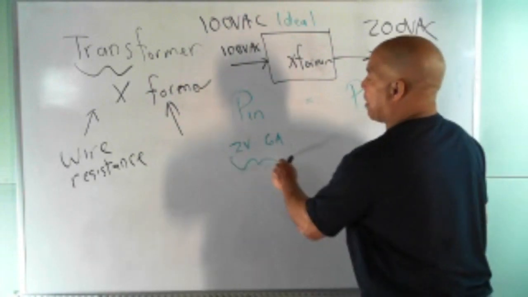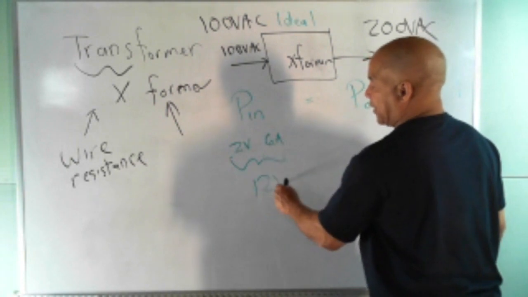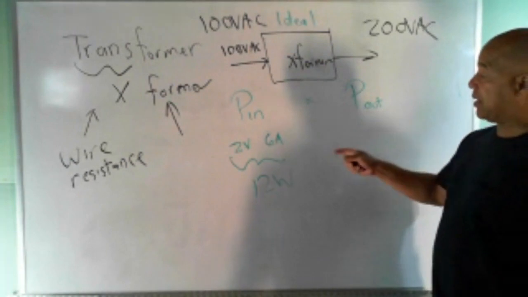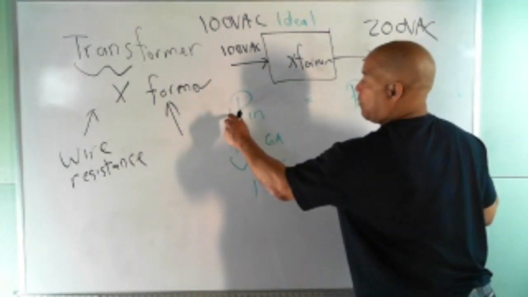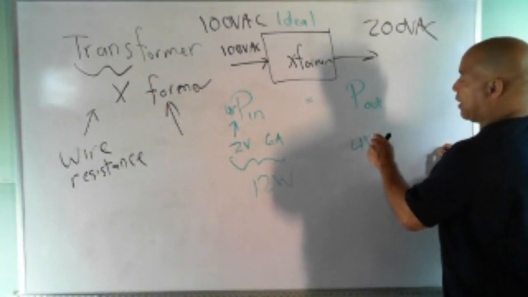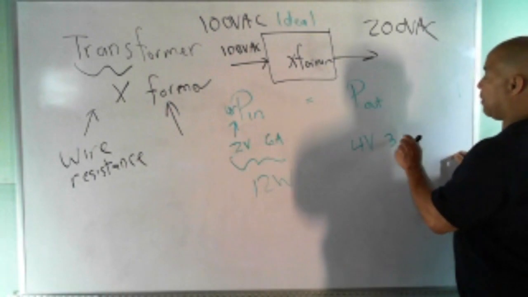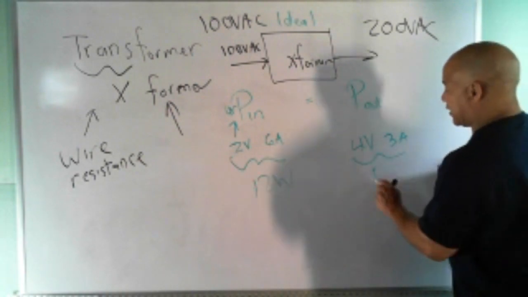Well, my power is V times I, so my power is 12 watts. So I'm allowed to step the voltage up, but I still have to have 12 watts on this side. So let's say I step this up to 4 volts. If I step this up to 4 volts, I can have 4 volts over here, but then that means the current has to drop down to 3 amps, because the product of these has to stay the same, 12 watts.